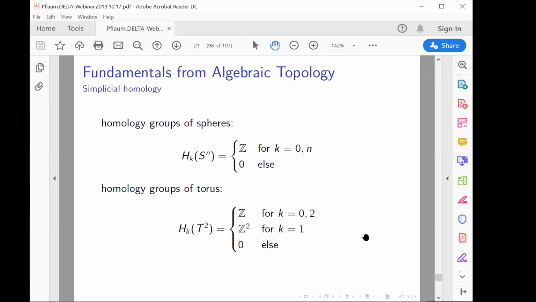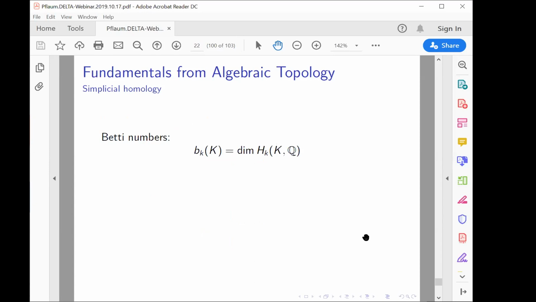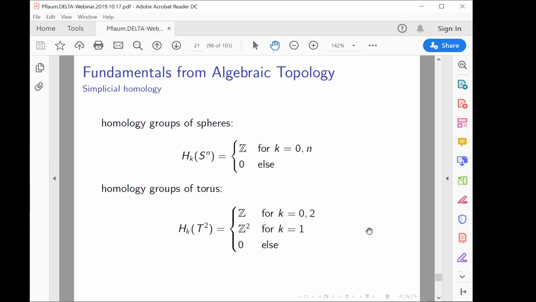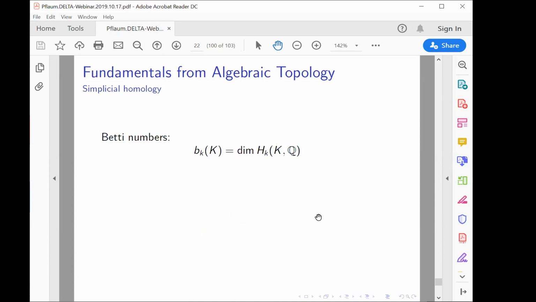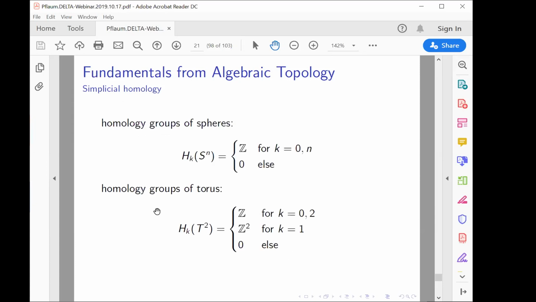The last thing I will mention today are the Betti numbers, and we'll explain them here for these homology groups. So the Betti numbers are the dimensions of these homology groups, with coefficients in Q. This is not too big an issue. So if you go back here, what are the numbers there?